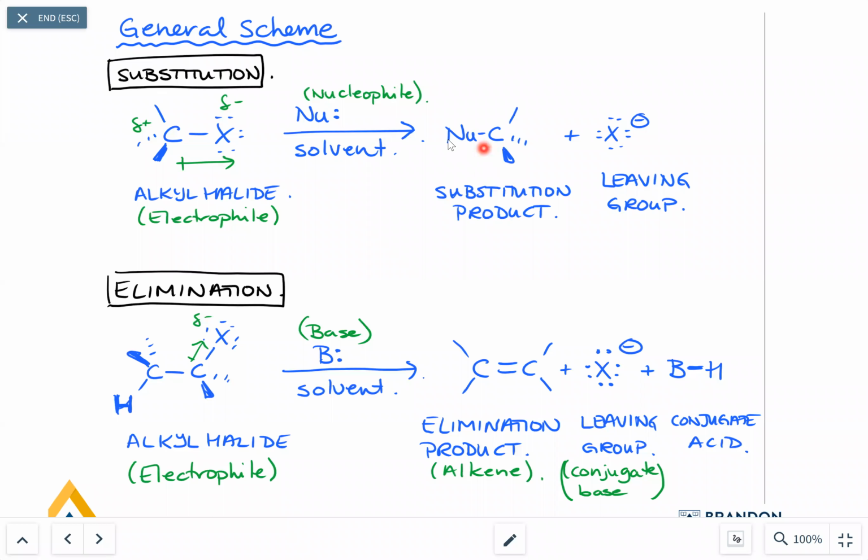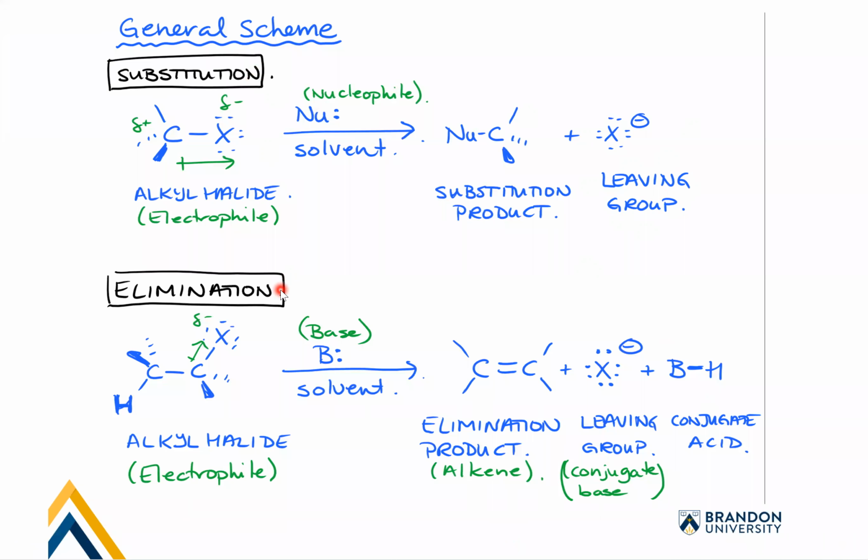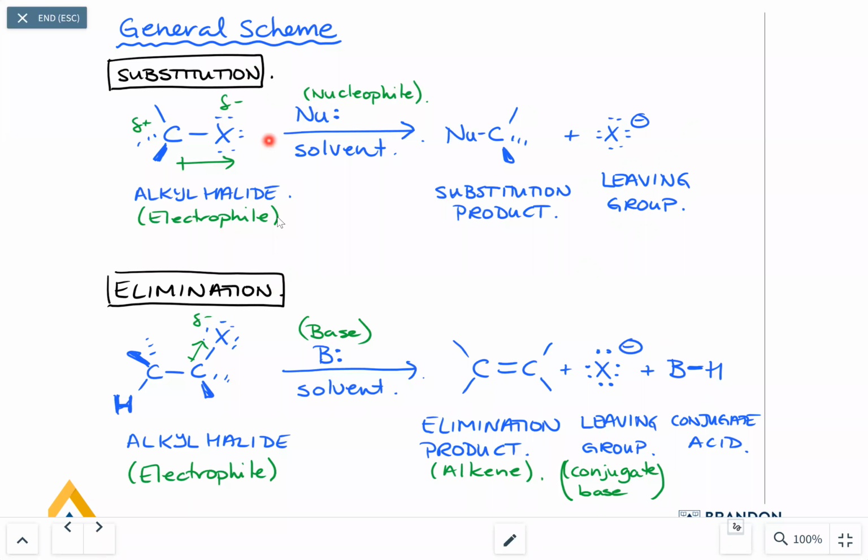Whereas in a substitution reaction, the nucleophile is now bonded to the carbon, but we still have a leaving group. So these are the two broad reactions that we're going to be doing. Now there's two types of substitution reactions that we're going to look at, and there's two types of elimination reactions we're going to look at. And both of these mirror one another very nicely, so it'll all be fun.